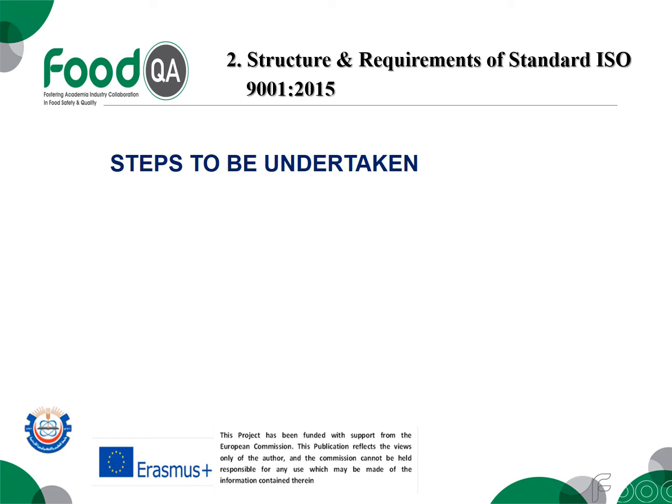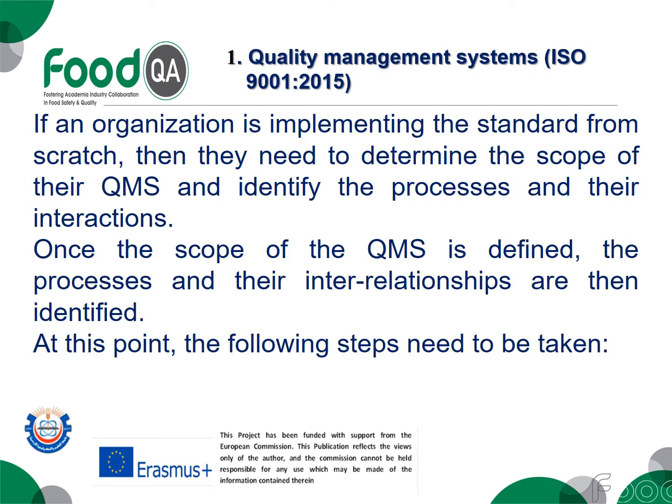So to summarize this, the steps to be undertaken in order to prepare for ISO 9001 2015. If the organization is implementing the standard from scratch, then they need to determine the scope of their QMS and identify the processes and their interactions. Once the scope of the quality management system is defined, the processes and their interrelationships are then identified.